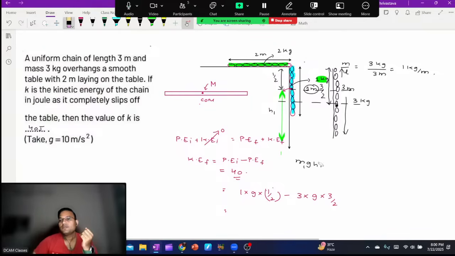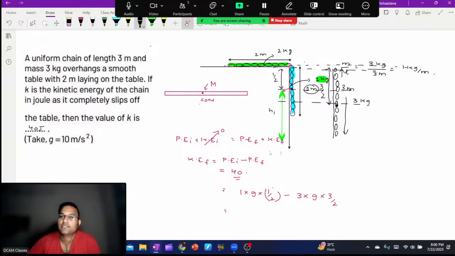We are trying to find out the difference in potential energy, that's all. If you are taking the top point as the datum or the reference point, then it will be minus, and this will be minus of minus, okay? Yes, both are same thing.